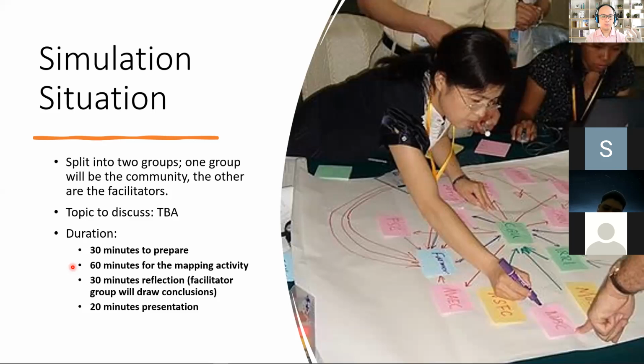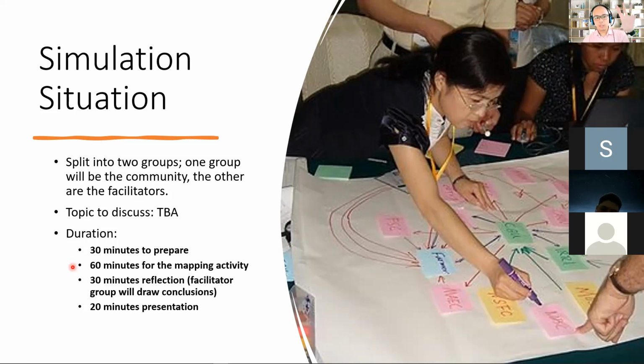The community group will have a short reflection: how did the facilitators go, what could have gone better, and that sort of thing. The facilitators will use the 30 minutes to draw conclusions, and then we come back together for a 20-minute presentation and discussion.